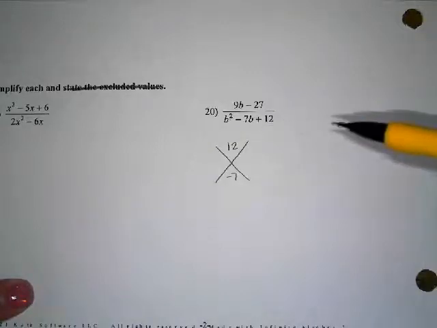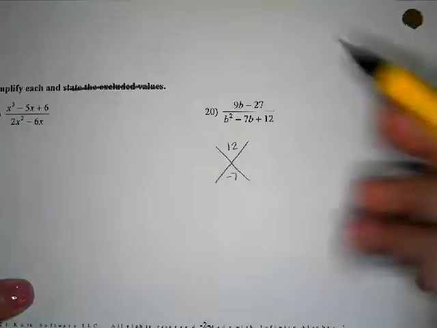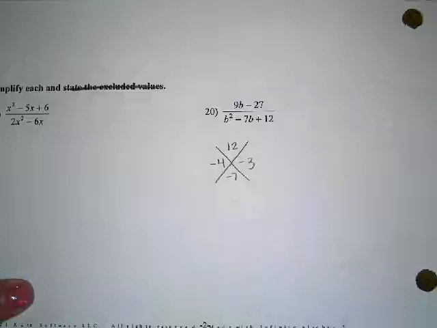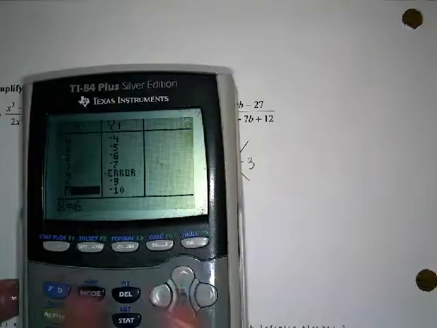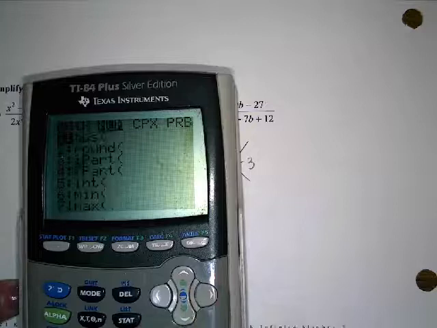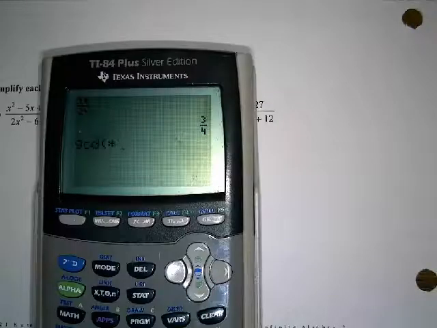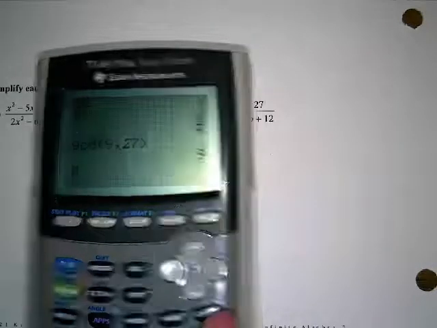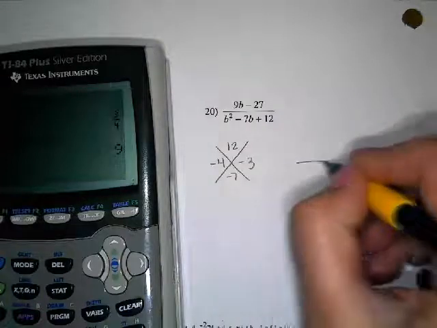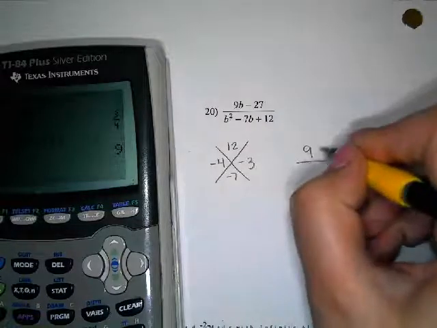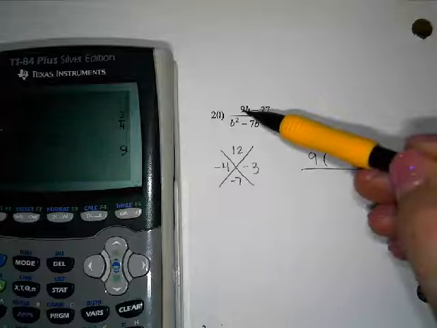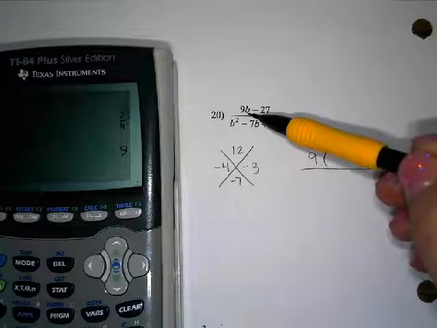And then on the top, we can do math, right, between 9 and 27, GCF is 9. So on the top, we're going to take out a 9. And then what's left over? Took out a 9, and we've got b minus 3. And then on the bottom, we've got b minus 4, b minus 3.